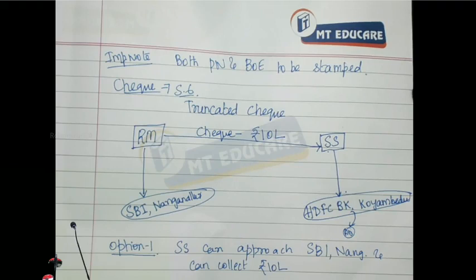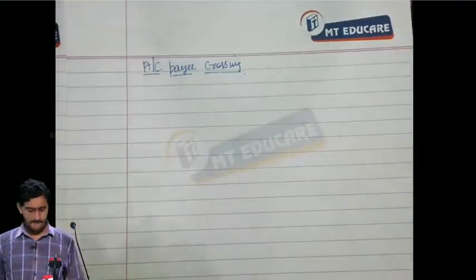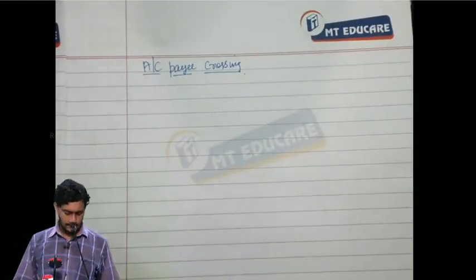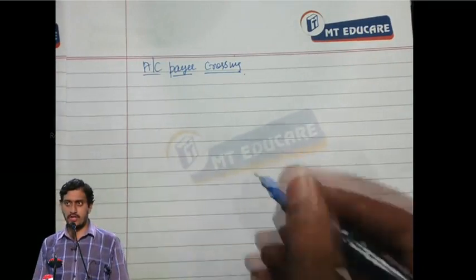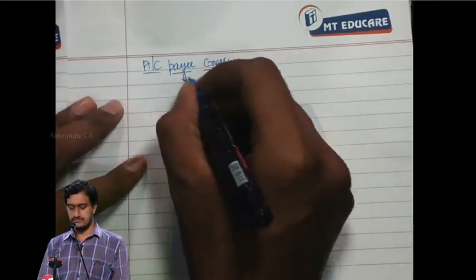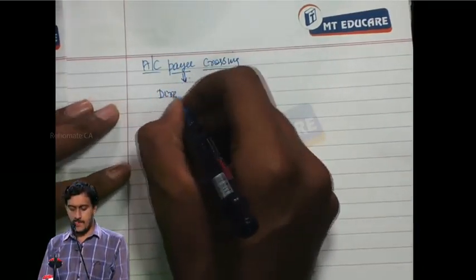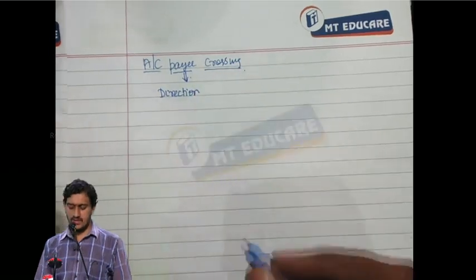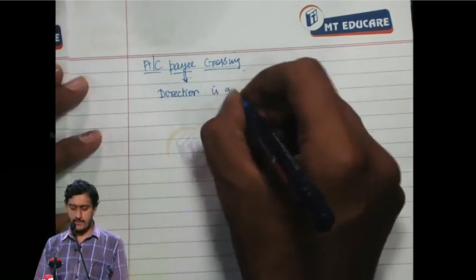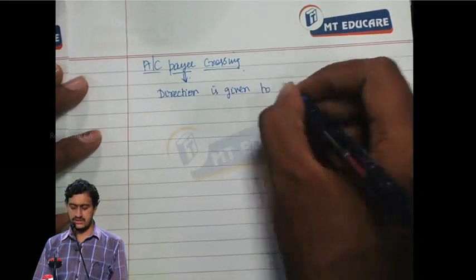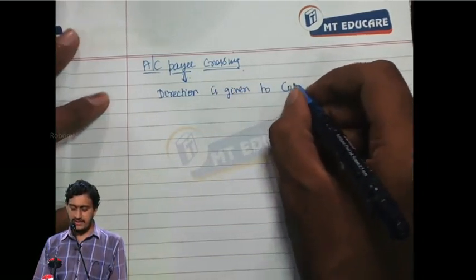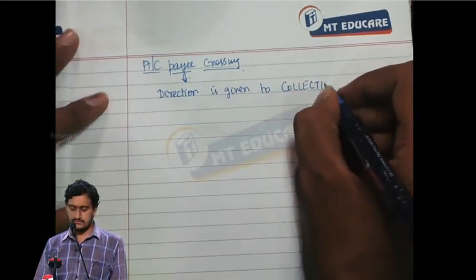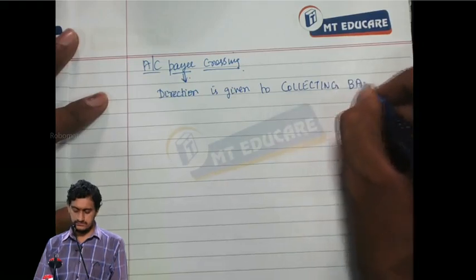In an account payee crossing, direction is given to the collecting banker.